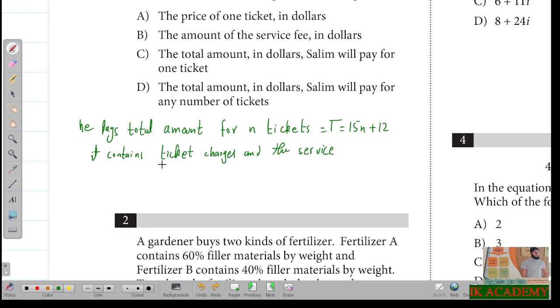So we can say 15n represents the price of n tickets. Therefore, 15 must represent the per ticket charges. 15n represents the price of n tickets in dollars.